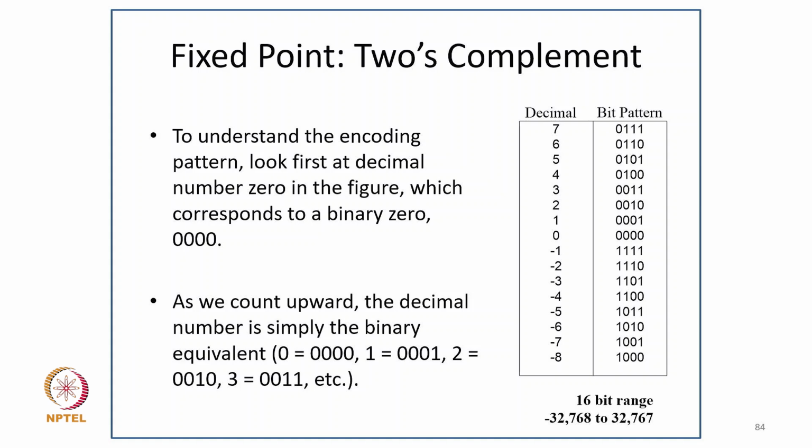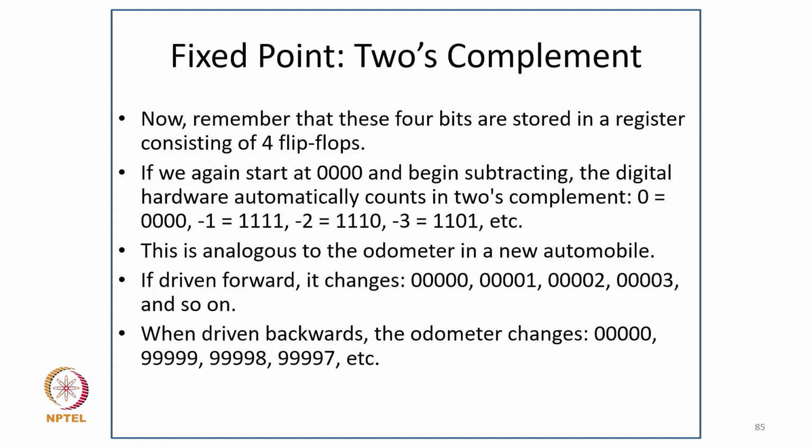As we count upward, the decimal number is simply the binary equivalent: 0 equals 0000, 1 equals 0001, 2 equals 0010, 3 equals 0011, etc. Now remember that these 4 bits are stored in a register consisting of 4 flip-flops, and if we again start at 0000 and begin subtracting, the hardware automatically counts in two's complement: 0 equals 0000, -1 equals 1111, -2 equals 1110, -3 equals 1101, etc.